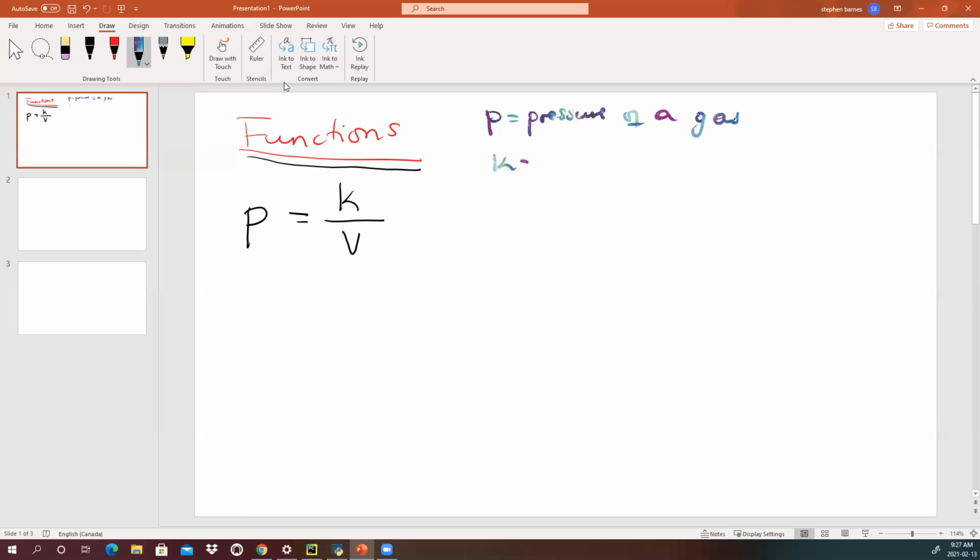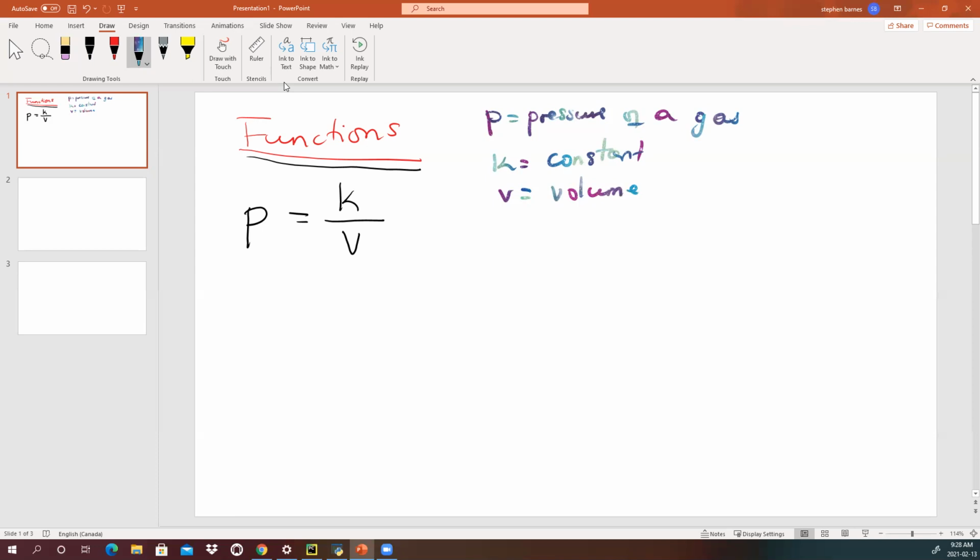K is equal to, K is a constant, the physics constant. That means the value of that remains the same. And V is equal to the volume.